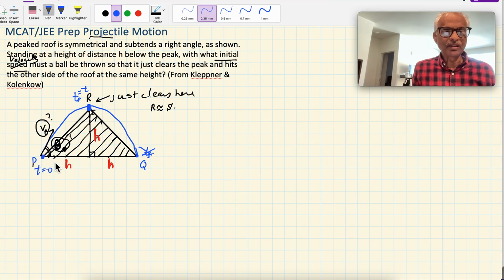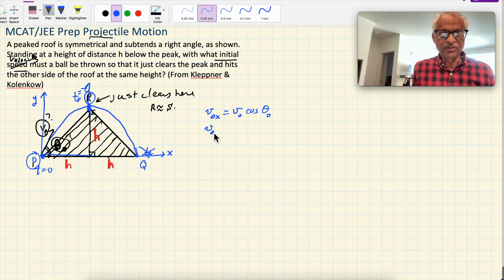All right, so we just consider the motion from P to R. So instead of axes over here, we're going to put axes over here, y-axis this way, x-axis that way. Assuming V0, V0x is V0 cosine theta 0, and V0y is V0 sine theta 0.